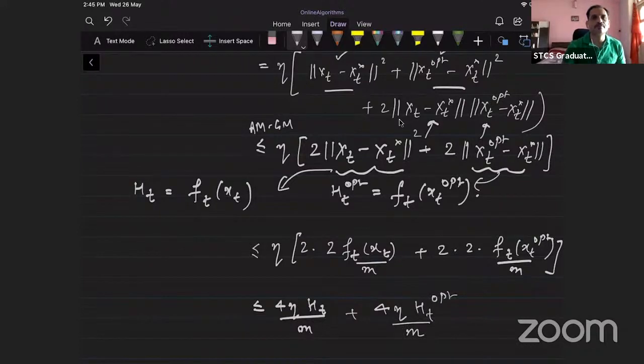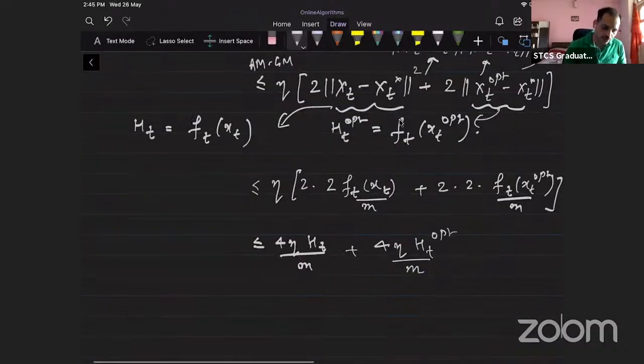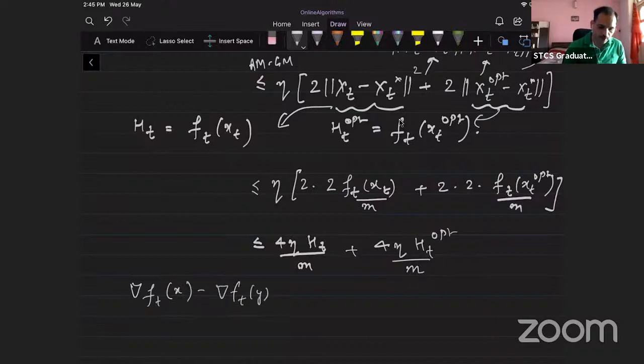Any questions? So the way I wrote the strong convexity property was in terms of dels, but you can deduce what I wrote from this. It's an elementary property that I'm using.